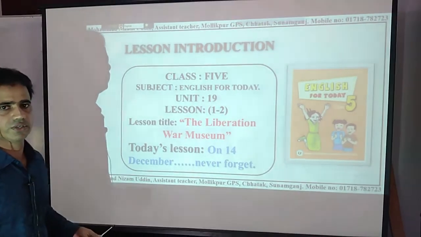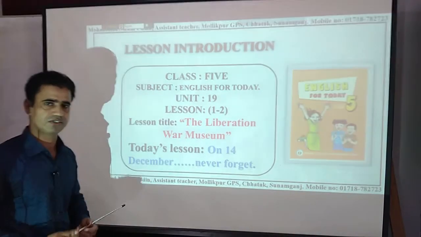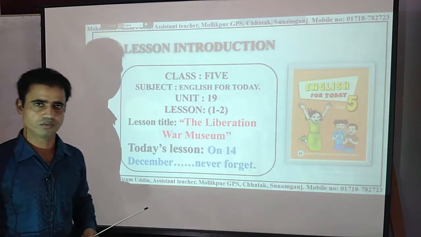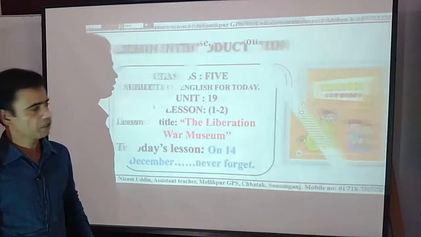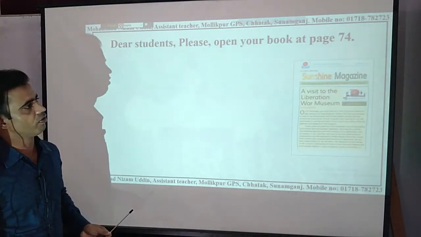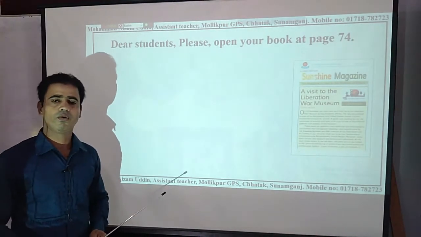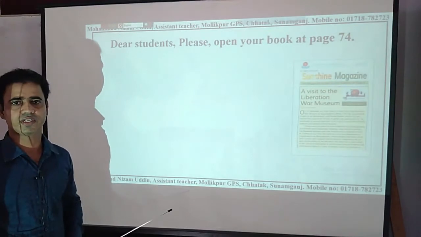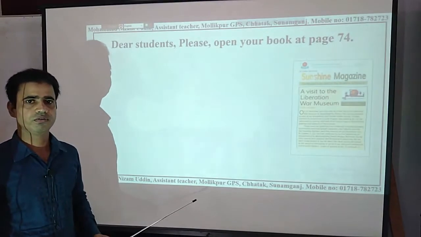Okay, so dear students, before starting the class, please take your English for Today book at hand and open your book at page number 74. Now I'm going to read out the text for you.